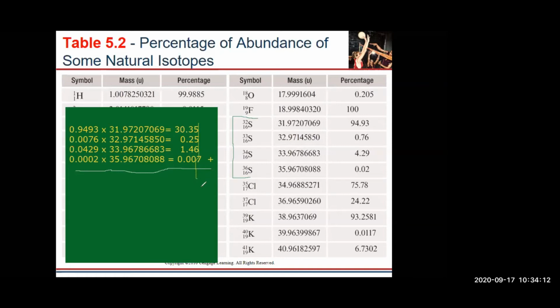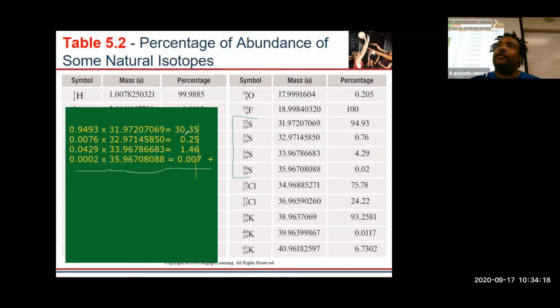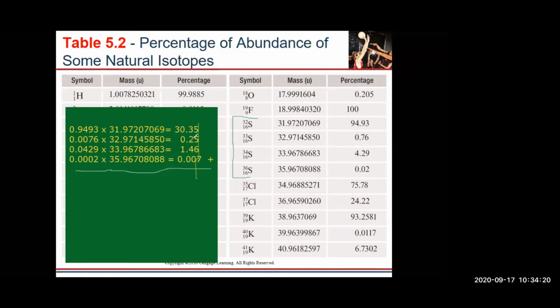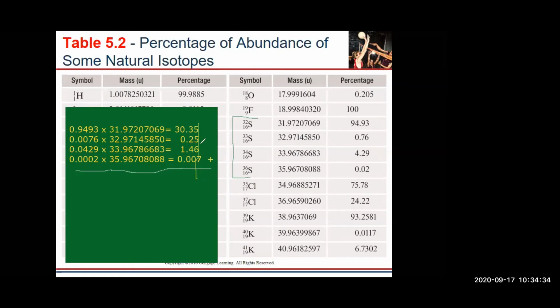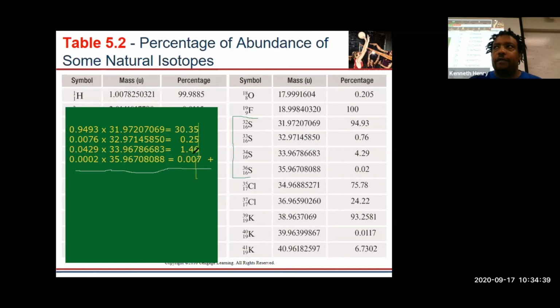How do you know where to put the line? You go with the number of sig figs for that first number, right? And then you go to the number of sig figs with that second number, and you see where you start losing significance. So this guy has 4 sig figs. The number that would be after that would be non-significant because it's not there. And then that's the same thing here. It would be the number after the 5, then the number after the 6, and here it would be the number after the 7. Okay, so it would be right there.